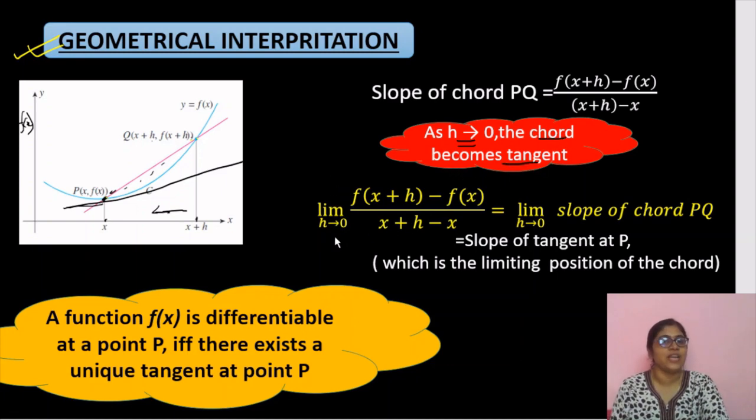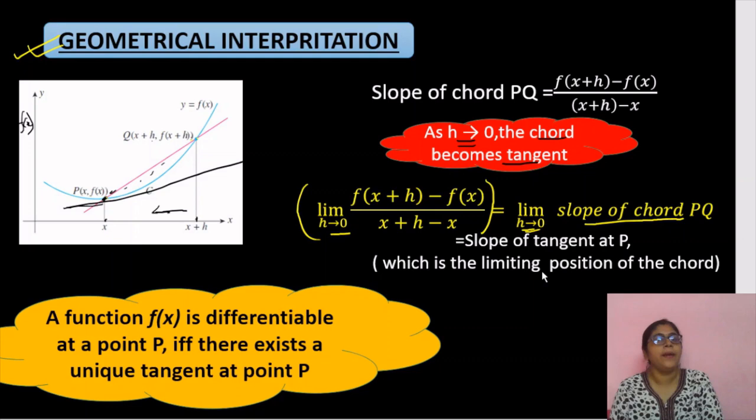Limit of h tends to 0, (f(x plus h) minus f(x)) divided by (x plus h minus x). That means the limit of the slope of PQ, h tends to 0. That means we are moving the point Q nearer to P. So this means the limit of h tends to 0 of the slope of chord PQ.